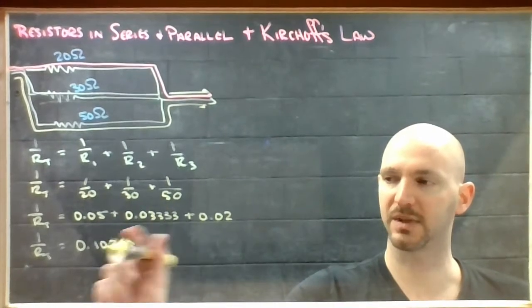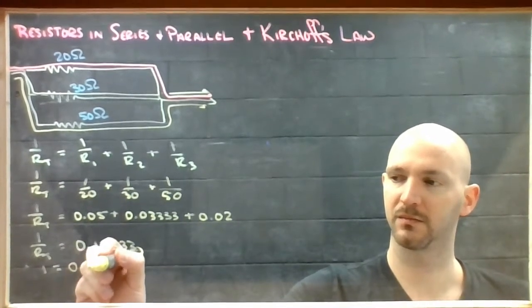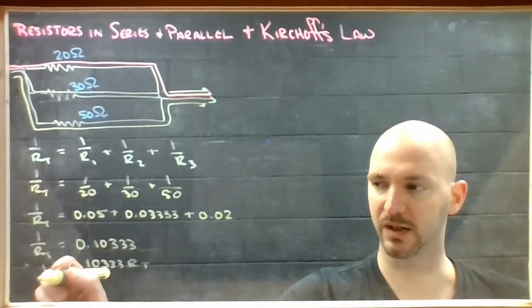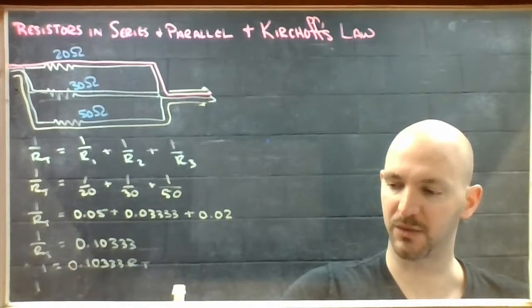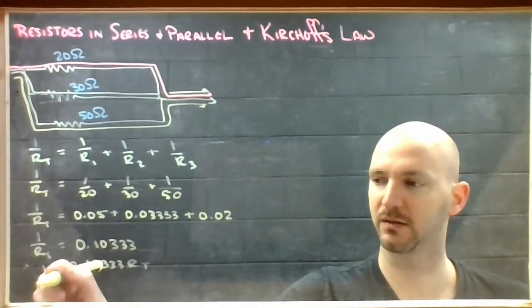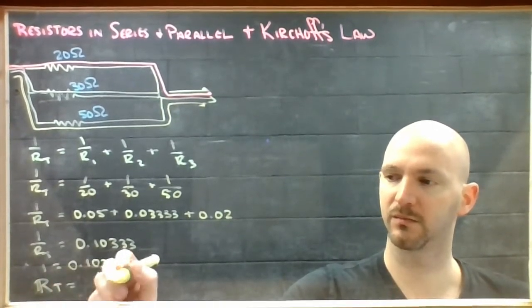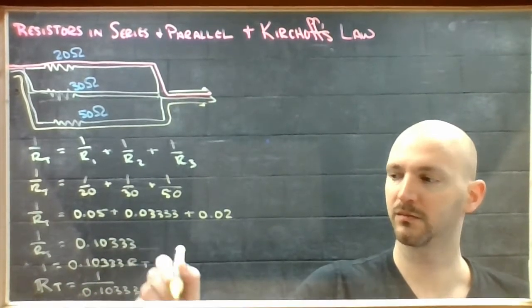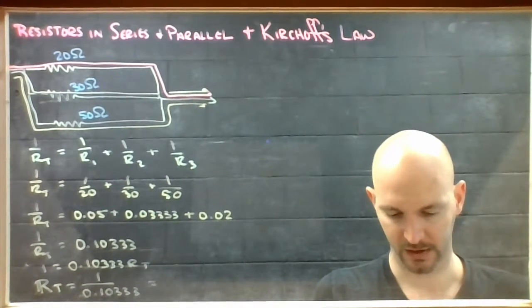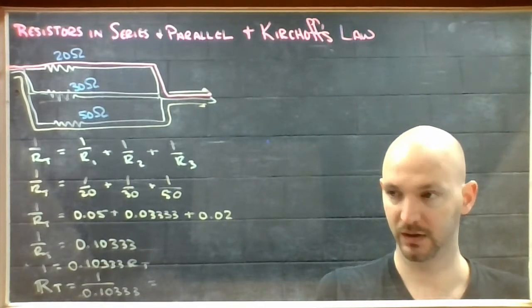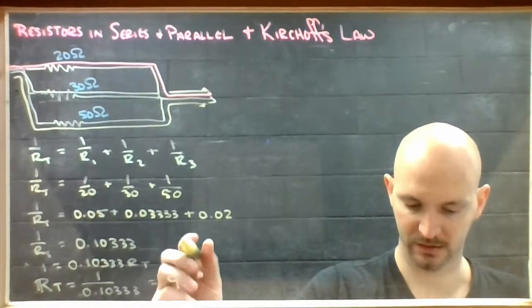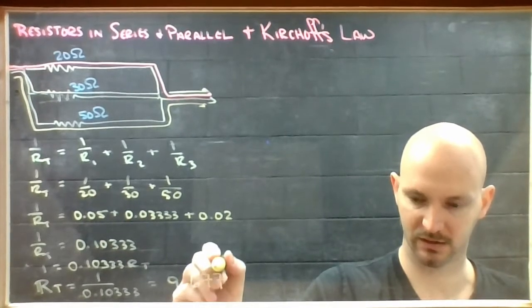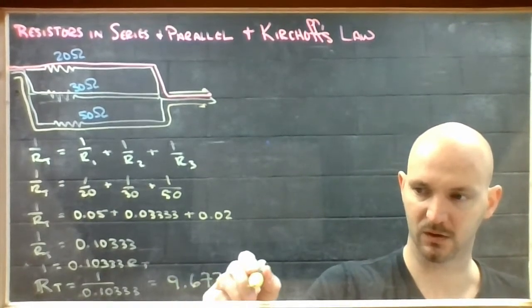And so RT comes up .033 goes under. And 1 divided by that number is 9.6777 ohms.